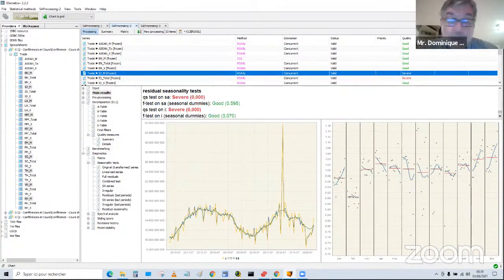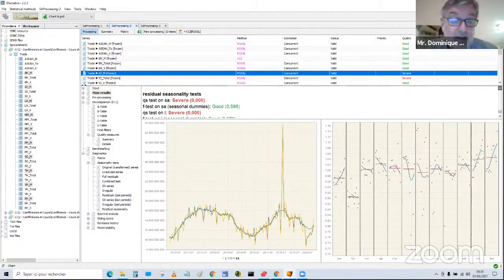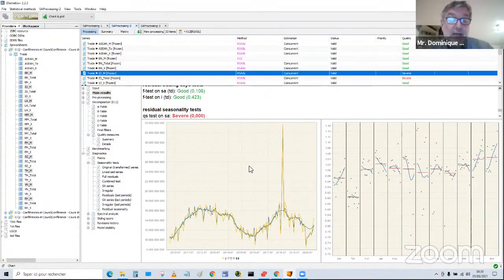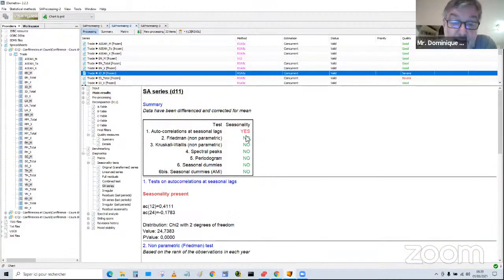Yeah, the problem, we already saw it before, is the fact that we have a residual seasonal effect in the seasonality test. So let us see the complete thing. On the A series, this is the only seasonal test that has a wrong answer. So the majority rule will say that it's okay.